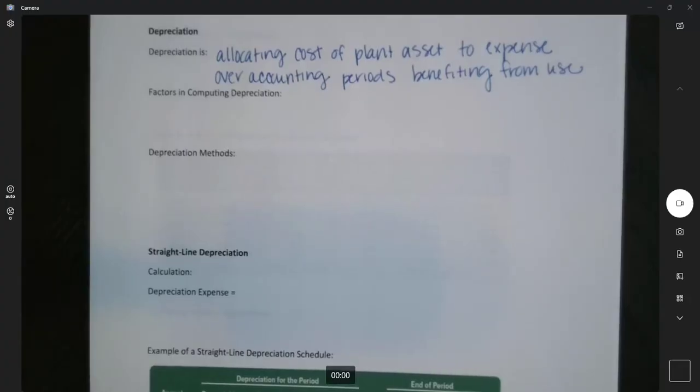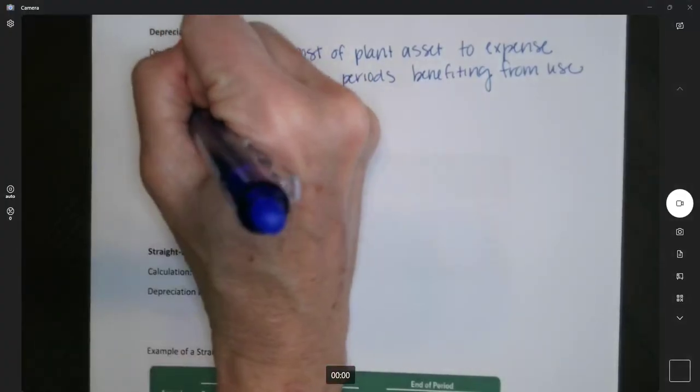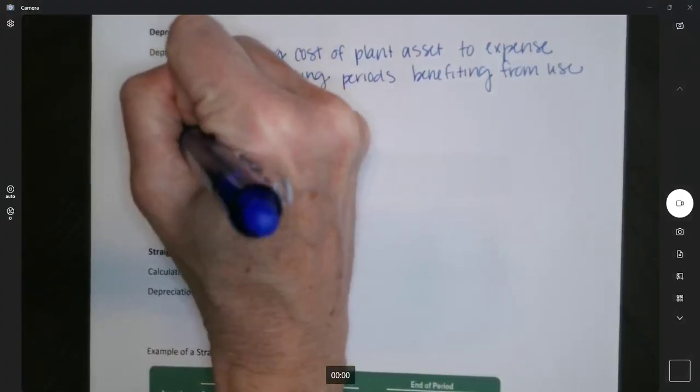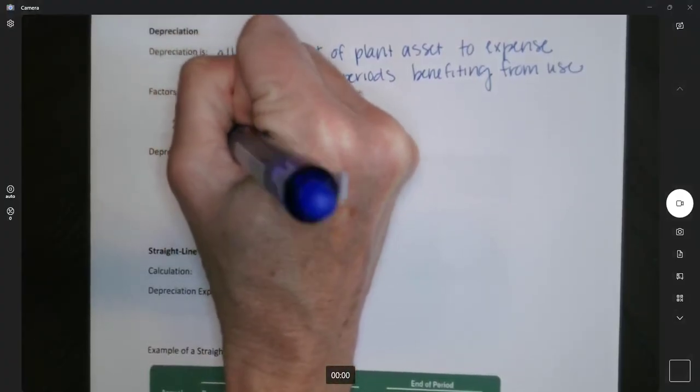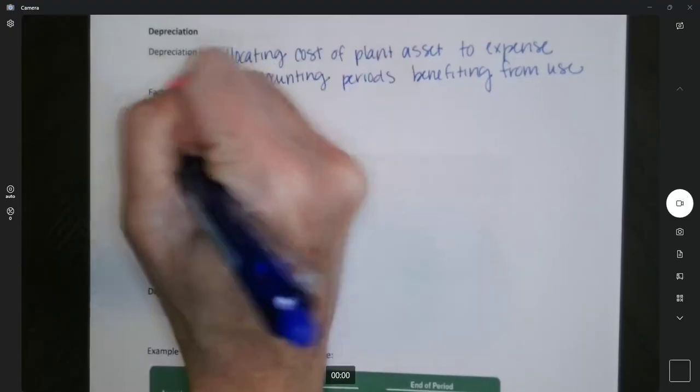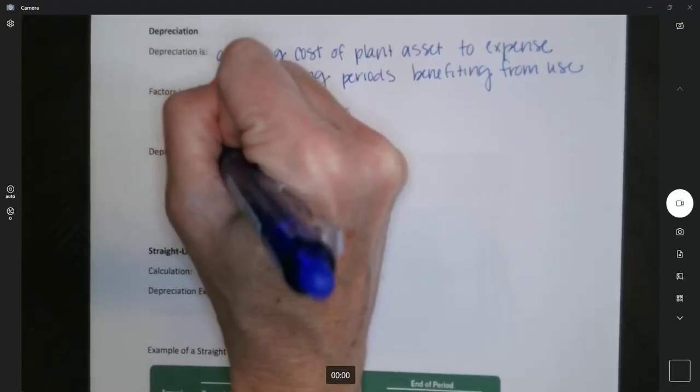Factors that we need for computing depreciation will include the cost, the salvage value, and the useful life.